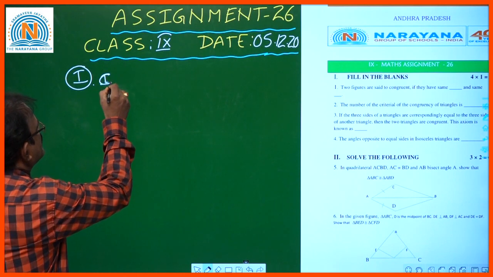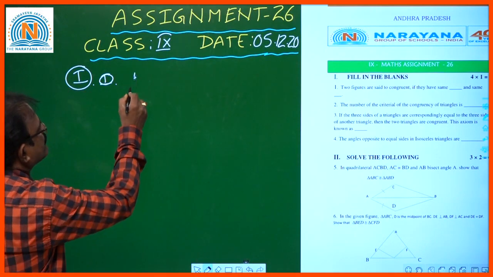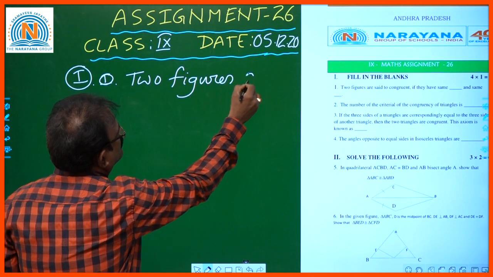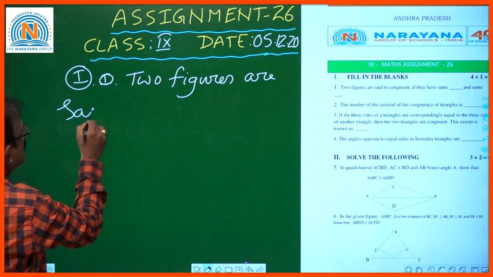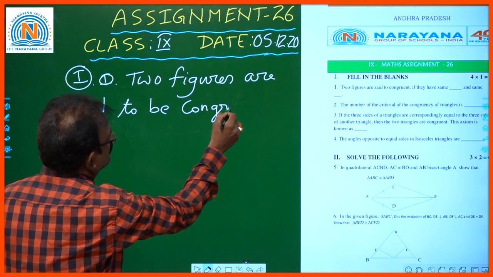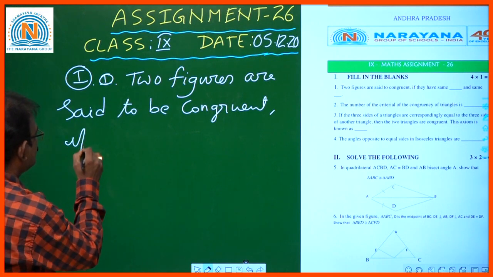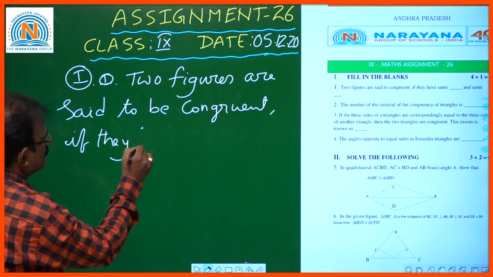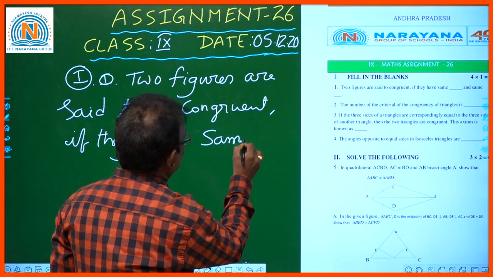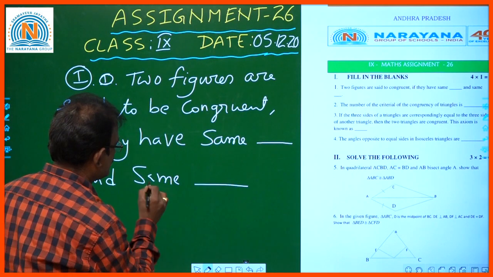First one of the first Roman is fill in the blanks. Two figures are said to be congruent if they have same dash and same dash.